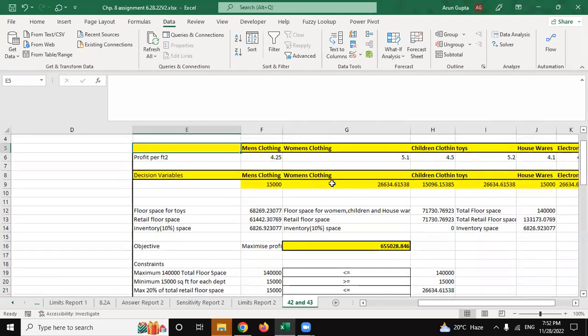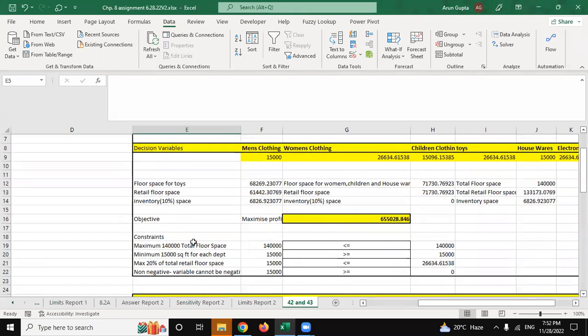These values are automatically calculated once we have provided our decisions as per the constraints. So these are our constraints: maximum 140,000 total floor space, and the minimum is this one.